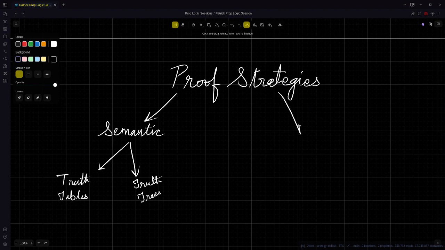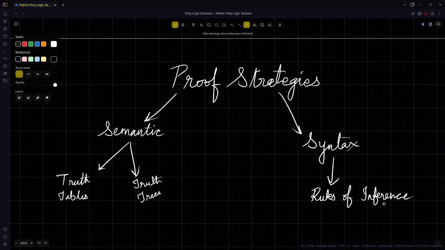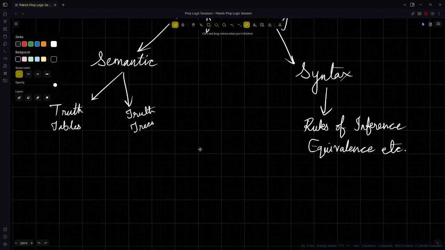You can also do a syntactic proof, and that is using rules of inference and equivalence. But how do these work?